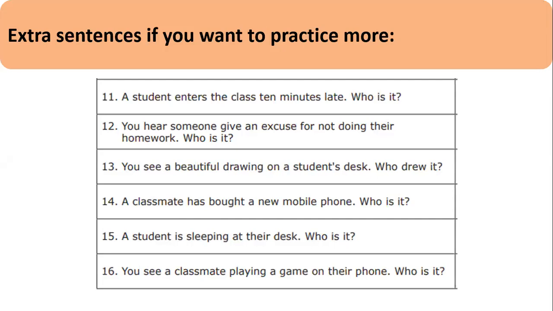So I'm gonna give you the numbers. Angela, I want you to be number 11. Javier, number 12. Eder, you can be number 13. Roque, you can be 14. And Sandra, you can be 15.